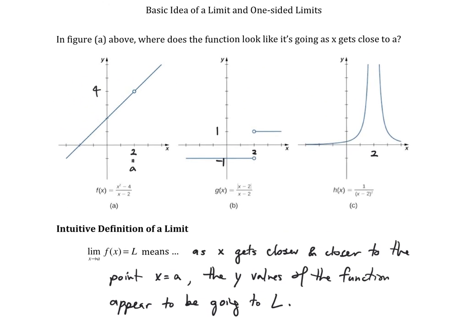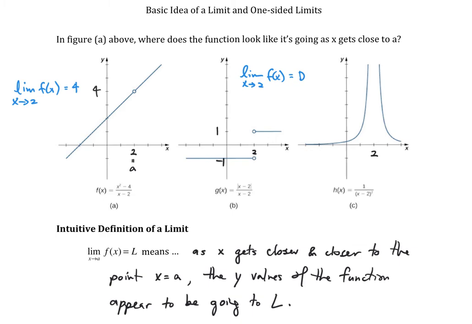If we look back at these pictures, I can write the following. For the first picture, I could say the limit as x approaches 2 of f of x is equal to 4, because it looks like the y values are going to 4. If I look at the second picture, I would say the limit as x approaches 2 of f of x does not exist.